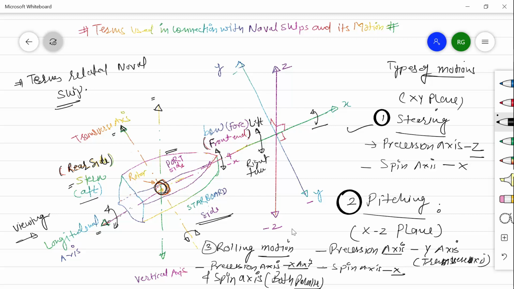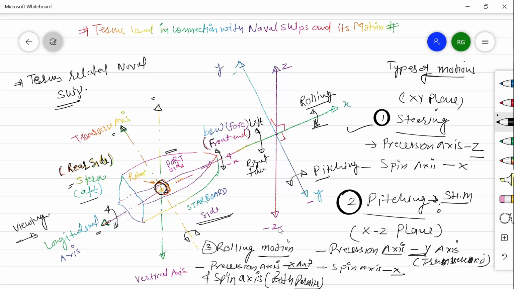Pitching is in general considered as SHM. This motion is happening in the xz plane, and the precession axis is the y-axis.